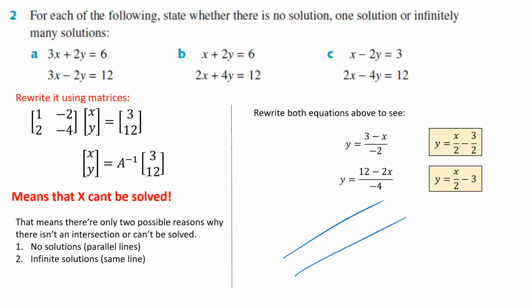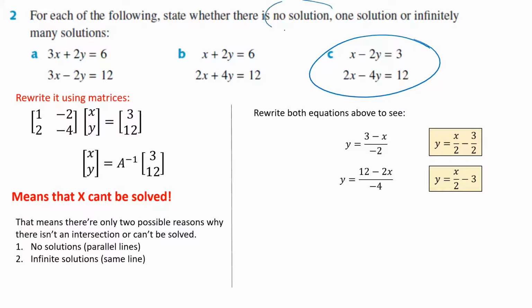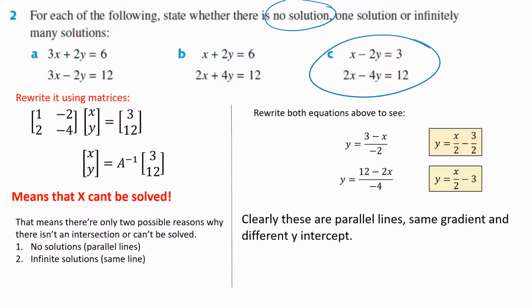They have the same gradient, different y-intercept, so they have to be parallel, they're not the same line. So for this question C, the answer is no solutions, based on that concept. Okay, now what I've done with numbers is exactly what you're going to do in the exam, just with letters. So everything that you've been doing so far is just going to be with letters.